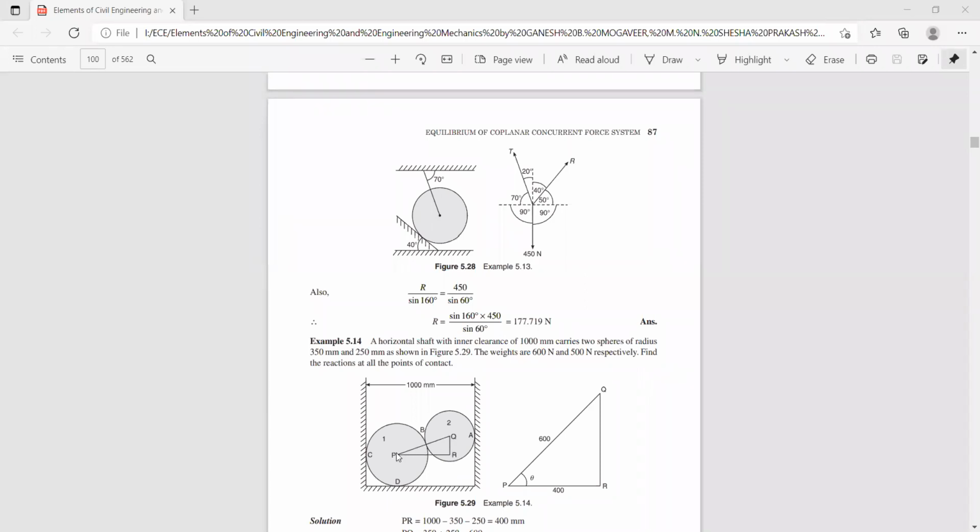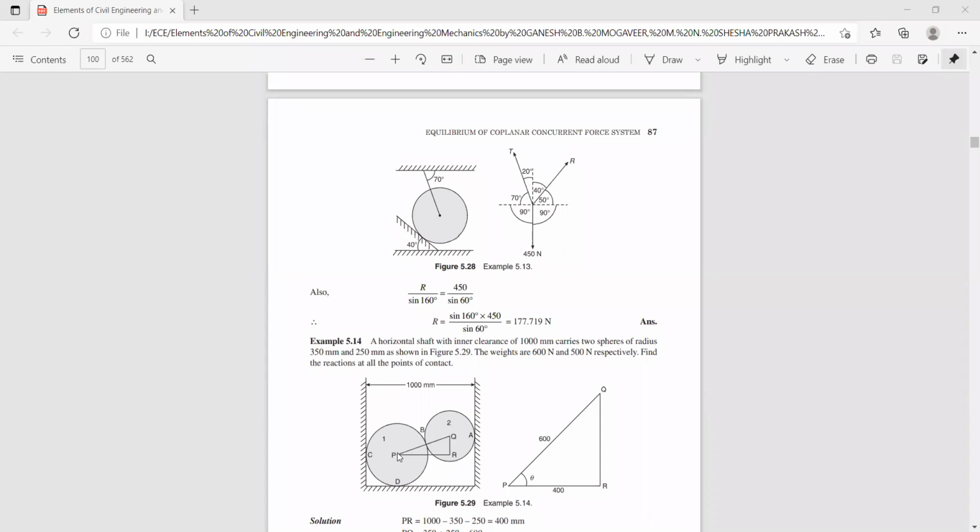So this is the center of the sphere P and this is the center of the sphere Q. So you join these 2 points. Now you can find out this angle. So you join points Q and R. Now this becomes a triangle. So you know this side is 400 millimeters, and this angle you want, and this side you know.